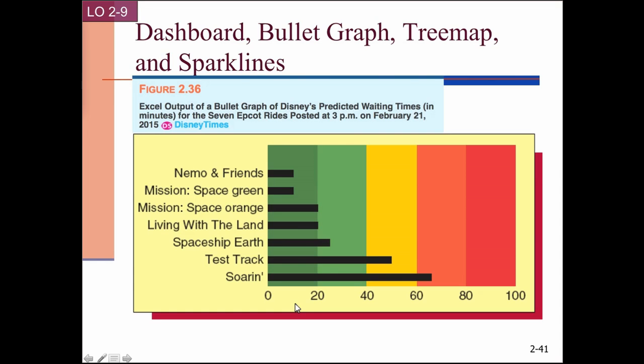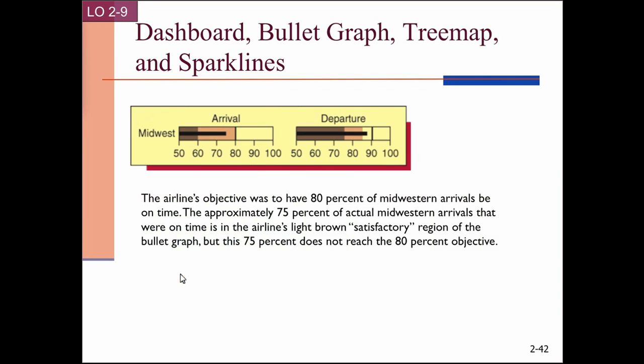So you can see immediately that for the first 5 types of activities, you don't have to wait more than about 25 minutes maximum, between 10 and 25. However, for the last 2, you may have to wait more than 1 hour, for example, for this one, or 50 minutes. So this is a very nice, quick analysis that people can look at immediately and tell a story from. Again, there is a video associated with this graph that will help you design it on your own in this unit 2.